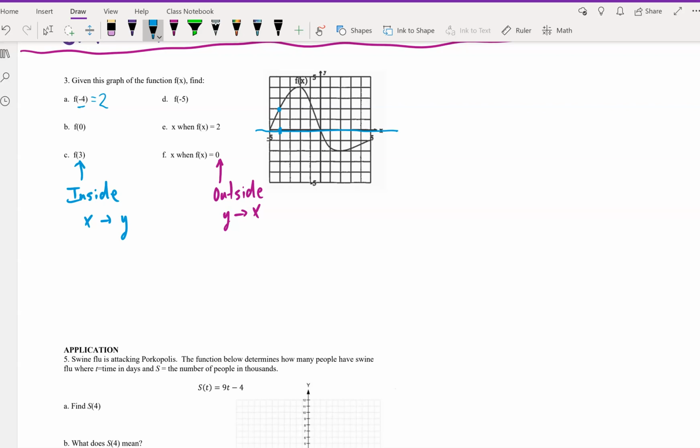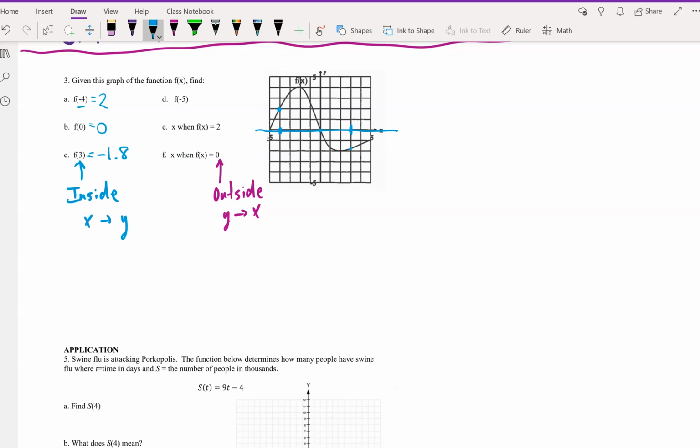If I go to f of 0, I can see that my y value that is on my graph is also 0. If I go to 3, 1, 2, 3, I can see that the y value is maybe -1.8 or so. We'll estimate on that one.